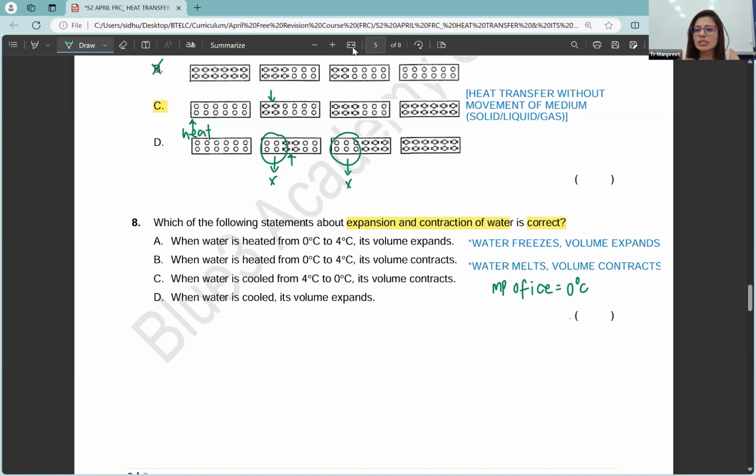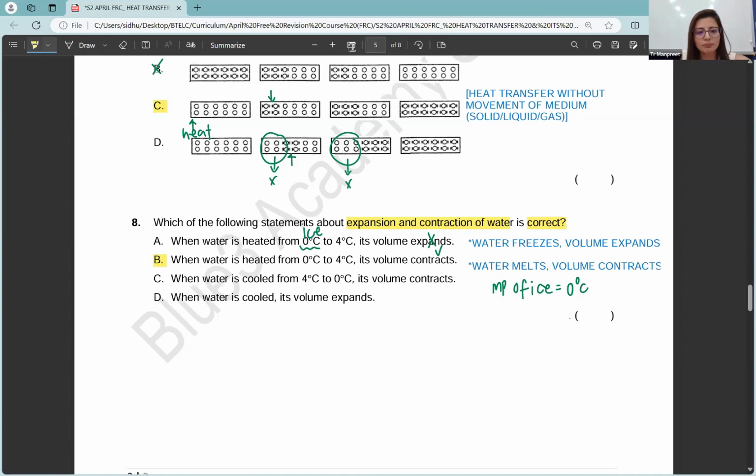When water is at 0 degrees Celsius, it's actually ice. So as you are going from 0 to 4, you're actually melting. So when it's melting, does it expand? No. We know it contracts. Okay, that's what we understand. So we know very clearly, okay, yes, the answer is B.